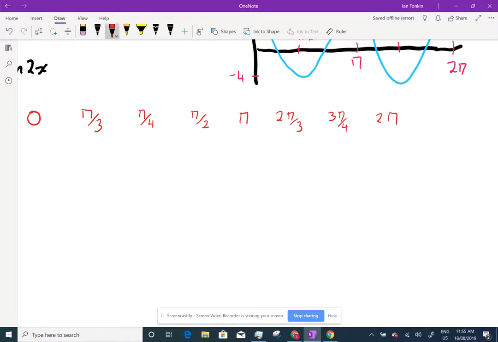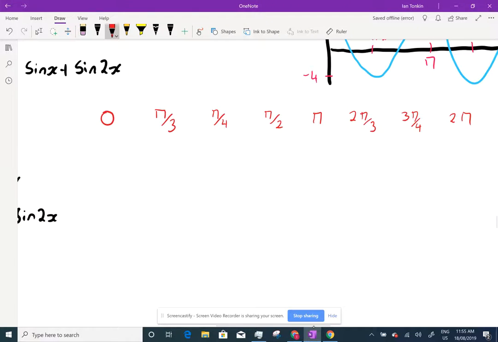I'm missing a few, but that's okay. That was silly of me to do that one first. Should change this one, make it pi on 6. And I should have done pi on 3 as well, but that's okay.